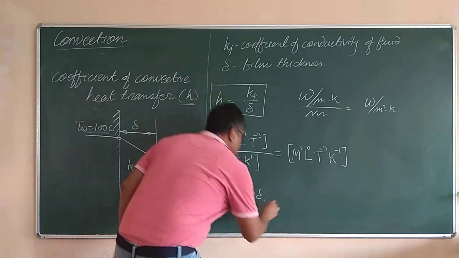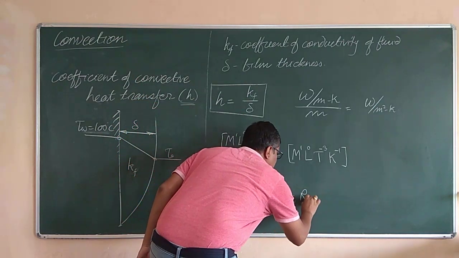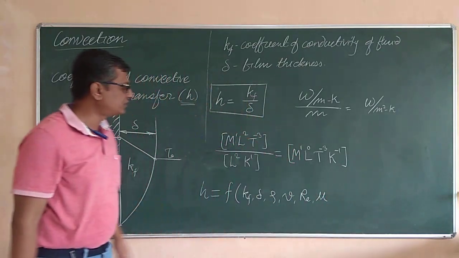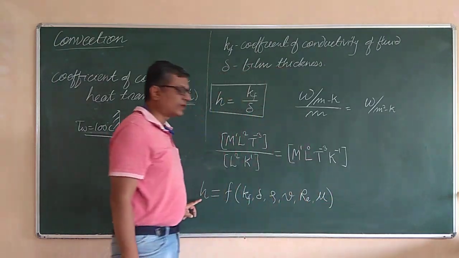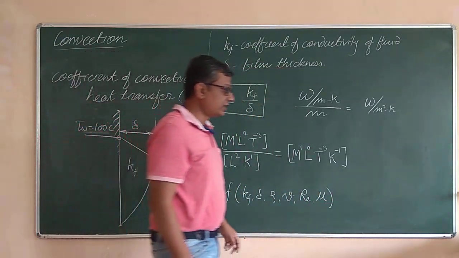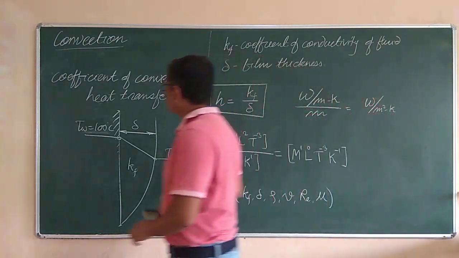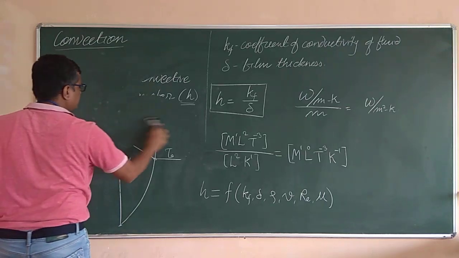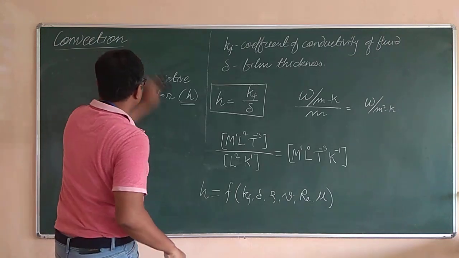It is a function of the density of the fluid, the velocity of the fluid, the Reynolds number of the fluid flow, and mu, the coefficient of viscosity of the fluid, and many more parameters. This value of h also varies from fluid to fluid. So this is all about convection and the coefficient of convective heat transfer.